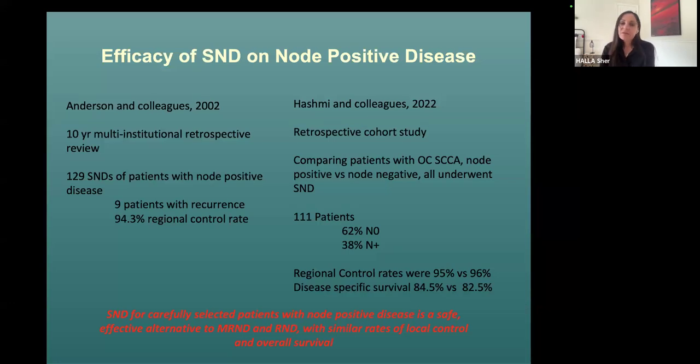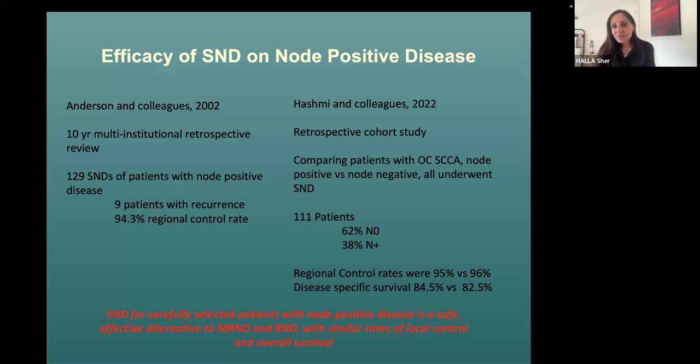Another study was done by Hashmi and colleagues in 2022, and this was a retrospective cohort study where they compared patients with oral cavity squamous cell carcinoma. Some had node positive disease and some had node negative disease. They all underwent a selective neck dissection. They looked at 111 patients. 62 of those patients were N0 at the time of surgery and 38% were N positive.